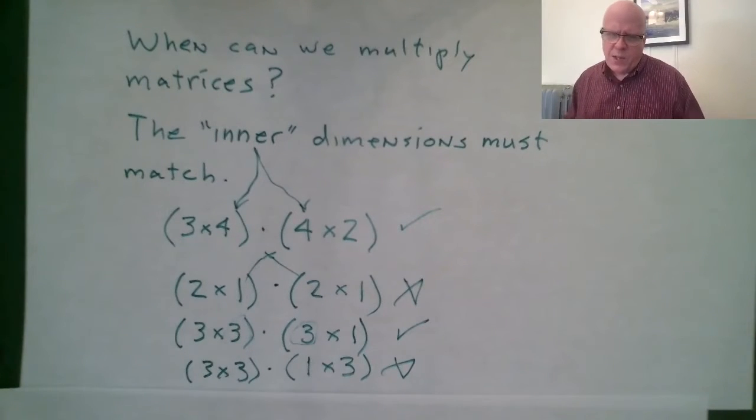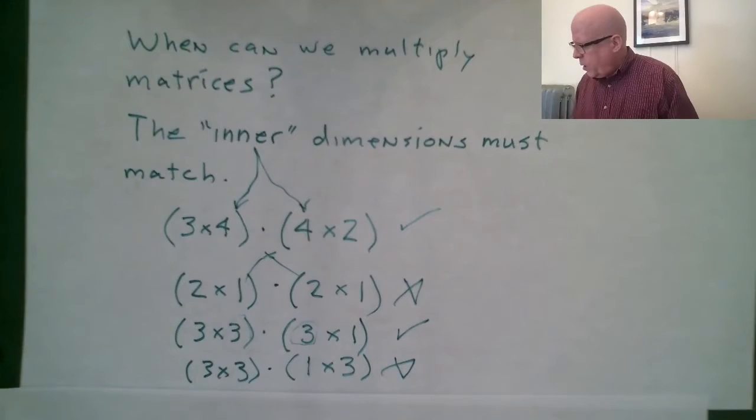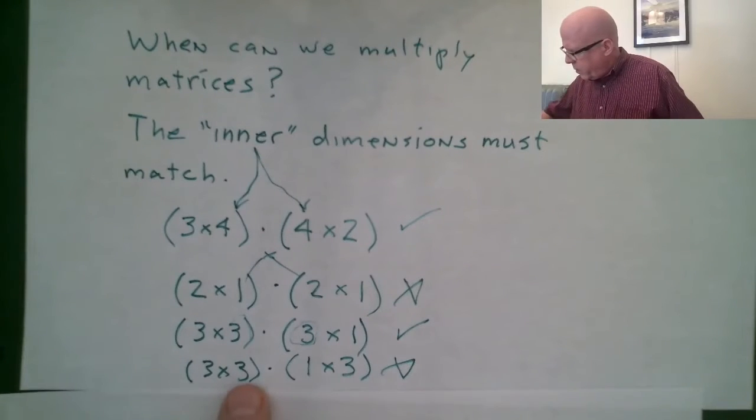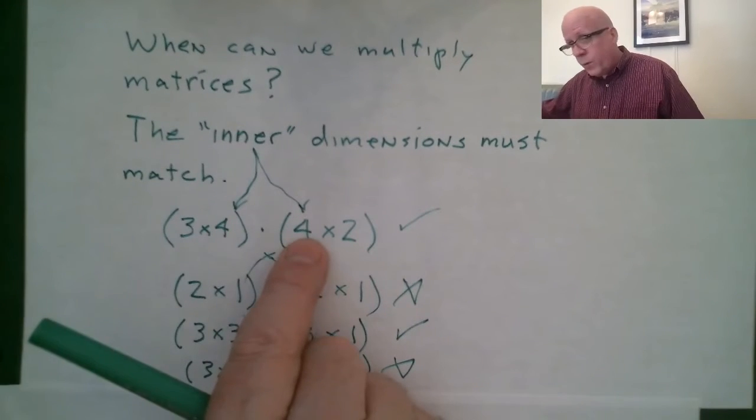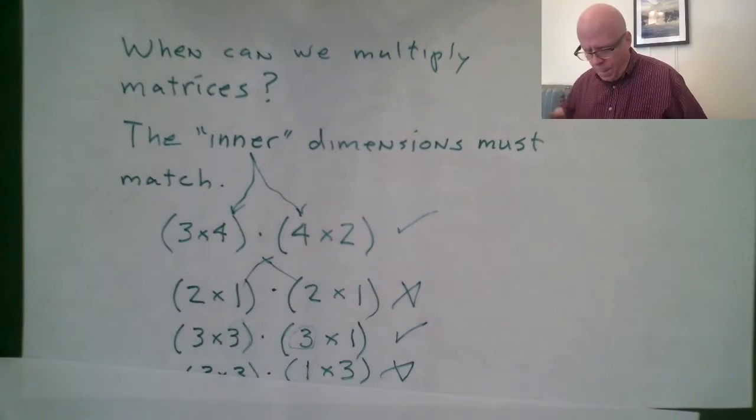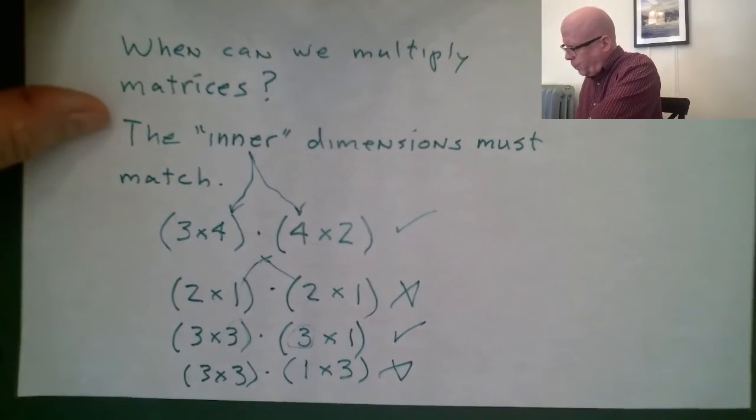So that's a pretty simple rule. You just look at the sizes of the things, and then you figure out what is this actually? It's the number. These inner dimensions. They're the number of columns in the first matrix, but the number of rows in the second matrix. Well, let's examine that a little closer.